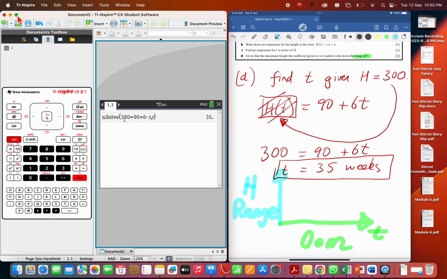So you can see when they're saying the range of t, well, it would usually say domain of t, right? So they're using this word range in just an English sense of the word, rather than the math sense of the word. So it's a little bit naughty, but our final answer for this question, the way the question was intended, is that t is going to be less than or equal to 35, but greater than or equal to 0 weeks, right? Because that was when time started at the 90 centimeters.